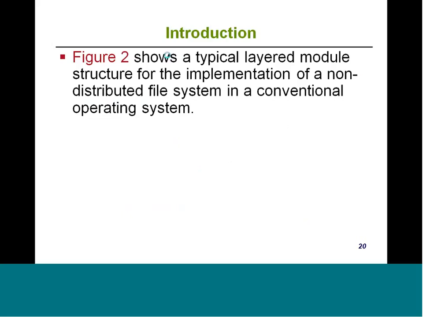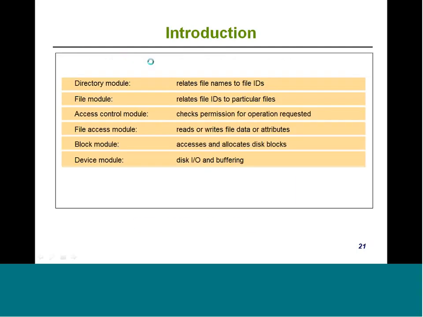So now let's look at the module structure of the non-distributed file system. Since it's a non-networked system, it has a directory module. This relates the file names to the file IDs.